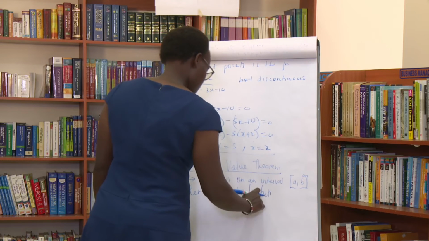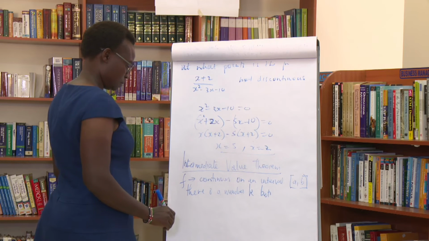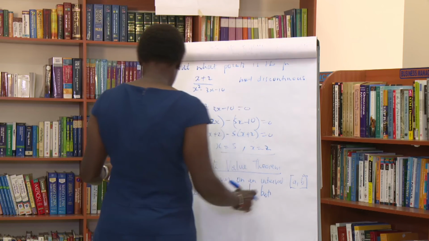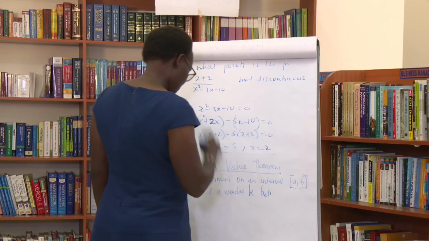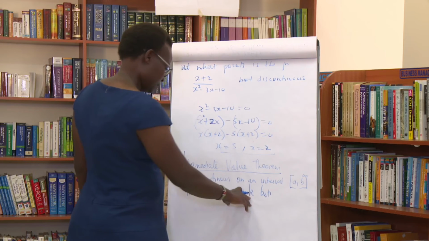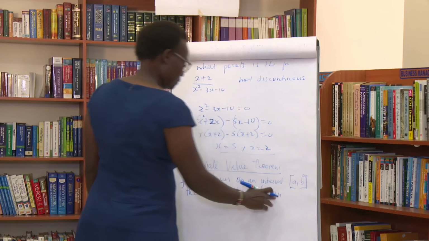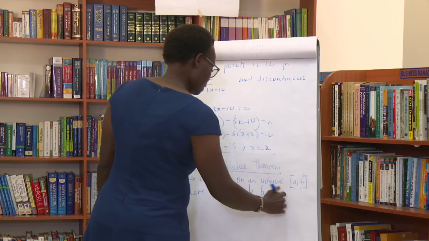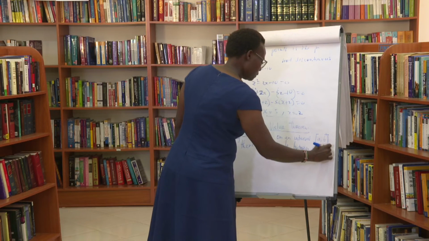between, there is a number k between, might not be the very correct word to use here, between f of a and f of b.